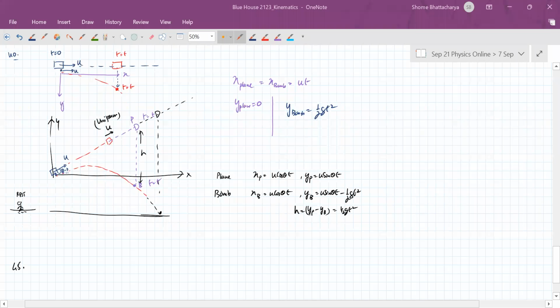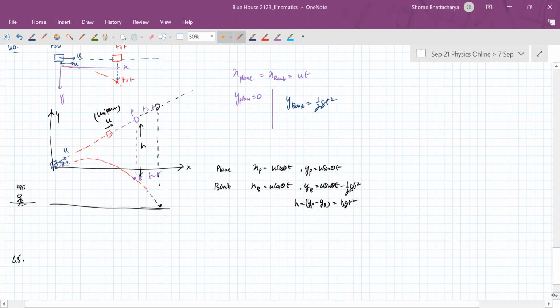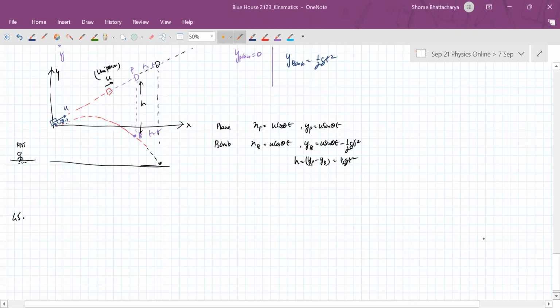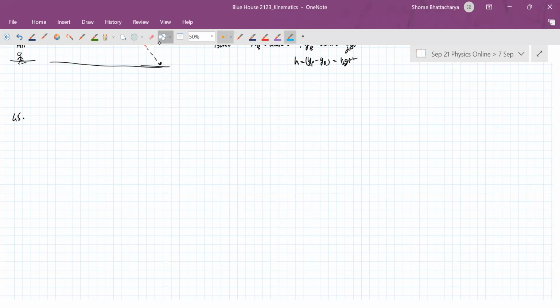Okay, so it says that he is in line with the boat. So that means, when he throws the projectile, it will be a plane in which the x-axis, the horizontal axis, is the same as the axis along which the length of the boat lies. Okay. So the situation is something like this.